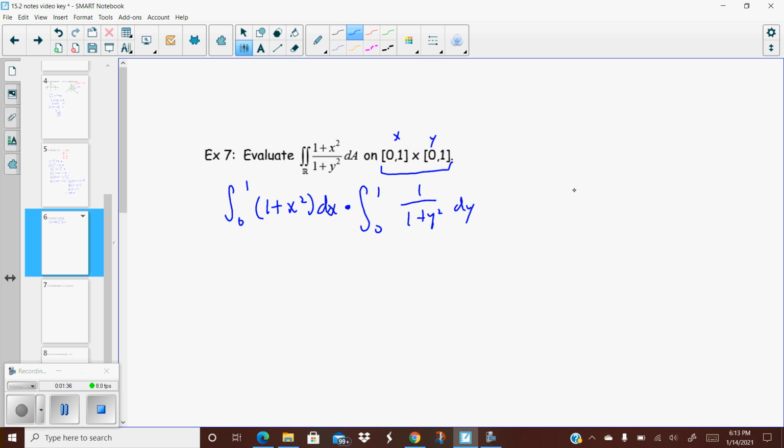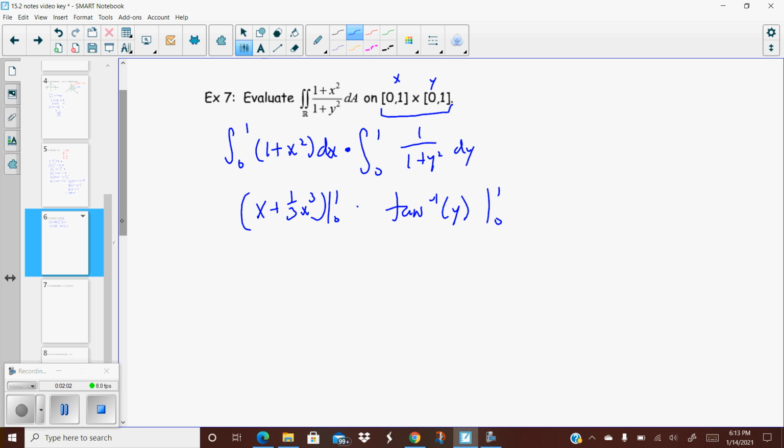Antiderivative of 1 plus x squared is going to be x plus 1/3 x cubed from 0 to 1, times, got to remember this one, throw back a little bit. The antiderivative of 1 over 1 plus y squared is an inverse tangent. So that'll be the inverse tangent of y from 0 to 1.